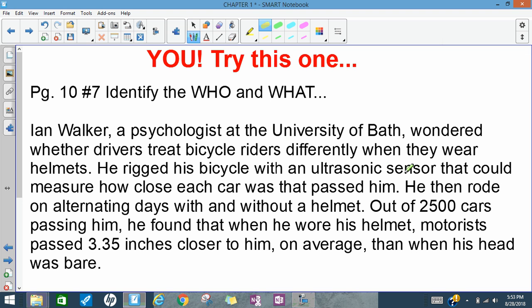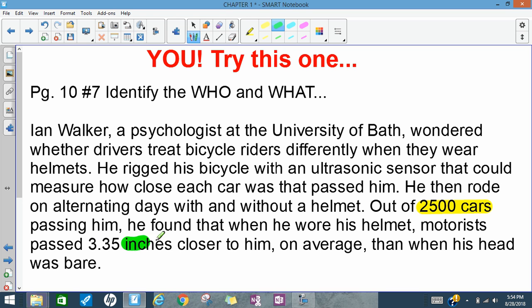So in this case, the sample is our 2,500 cars, and our population would be all cars that pass bicycles. Okay, and our what, the variable, is the distance that a car gives a bicycle when they pass.